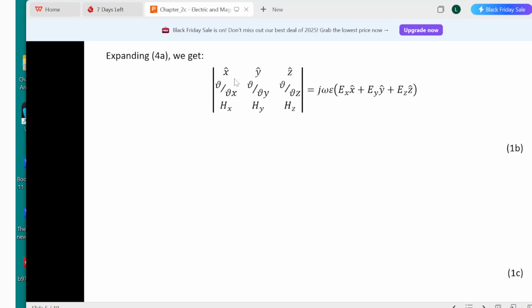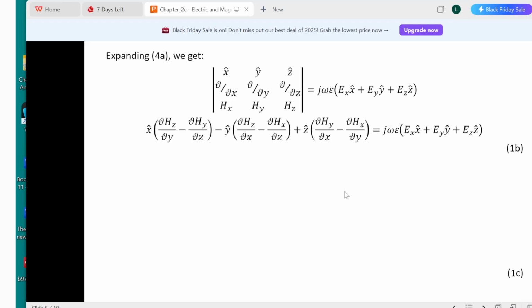So now if we decompose these determinants, you will get this. Now you have an equation that has x hat, y hat, and z hat on both sides.